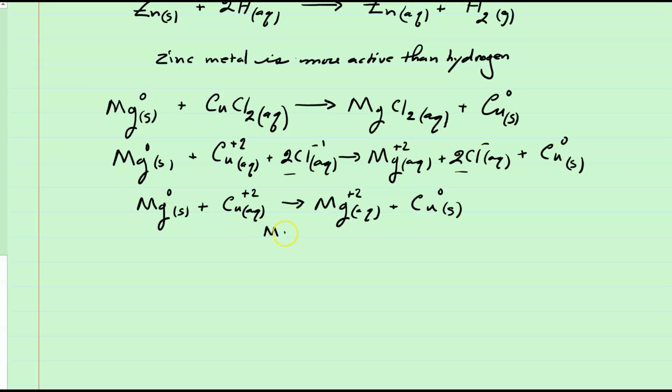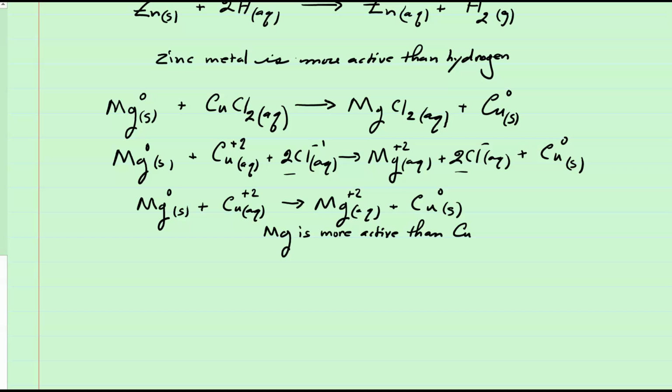Again, we would say that magnesium is more active than copper, meaning that if we have a soluble solution of copper in water and allow magnesium metal to be placed into that solution, magnesium metal will interact with this and form the soluble magnesium salt, and copper metal will be released in a precipitate form.